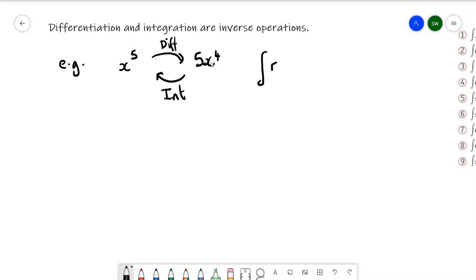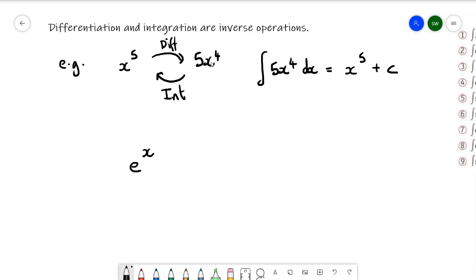We could write that out formally as the integral of 5x to the power of 4. We're basically asking ourselves what function differentiates to 5x to the power of 4, and that's x to the power of 5. So we're going to use this to derive some integrals.